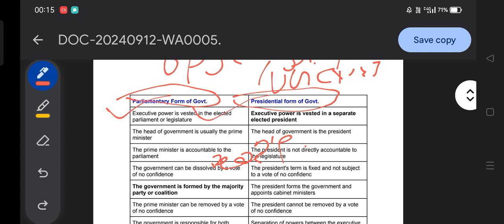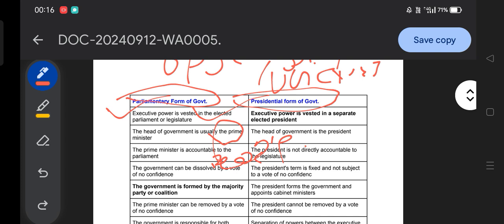One thing we need to clear. Moving to the second point, the head of government is usually the prime minister. So in the parliamentary form of government, the head of the government is the prime minister, not the president. Okay, sir, who will be the head of the state?